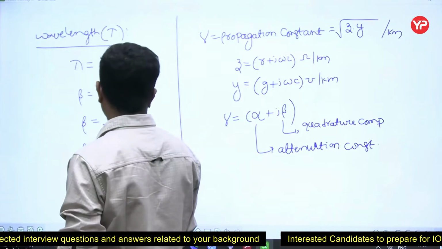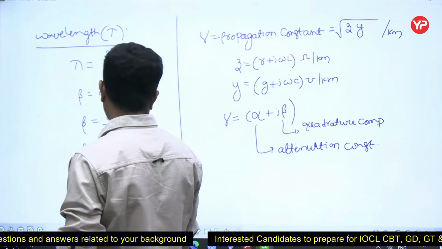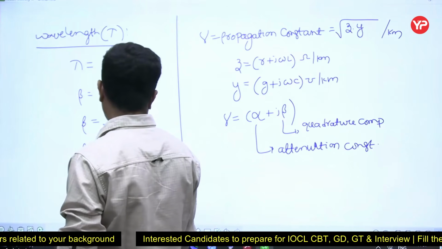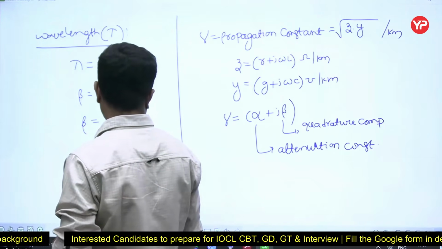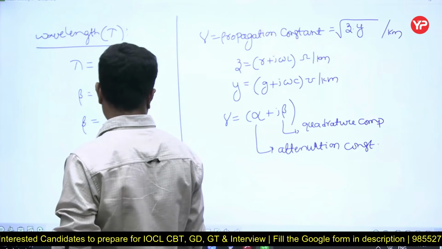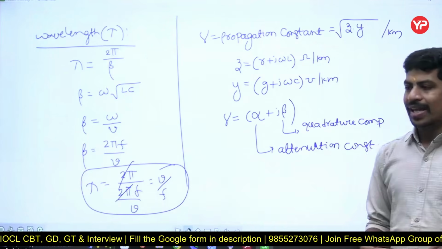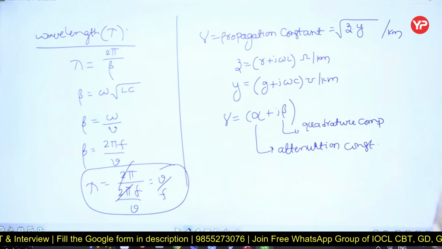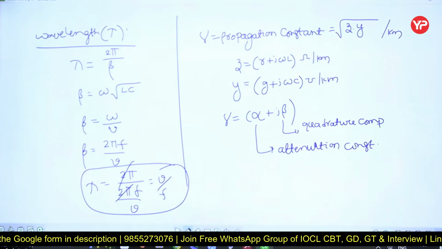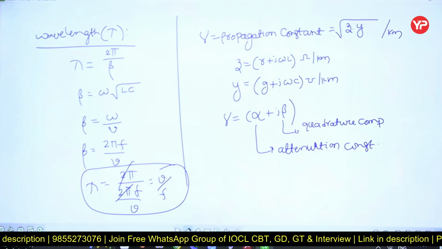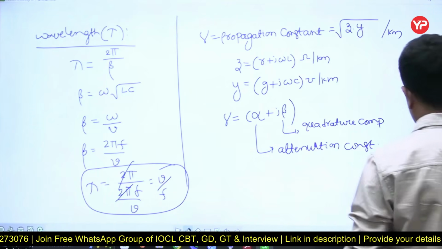Lambda is equal to 2 pi by beta, which is 2 pi by (2 pi f by V). 2 pi gone, so it is equal to velocity by frequency, our childhood formula. Wavelength is equal to velocity divided by frequency. We learned this in our childhood, right?